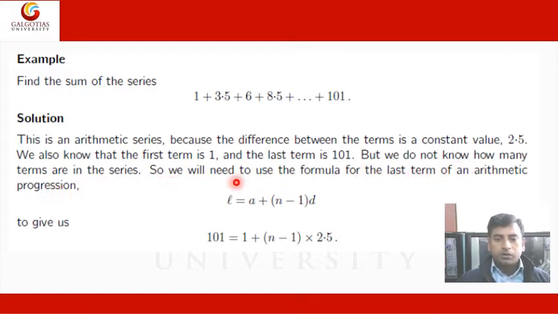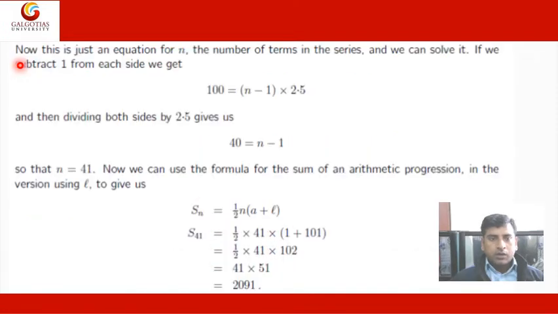So we will need to use the formula for the last term of an arithmetic progression. So L equal to a plus n minus 1 into d. So to give us here L is 101, first term is 1, number of terms n we have to find out, and d is 2.5. So on solving this, now this is just an equation for n, the number of terms in the series, we can solve it.